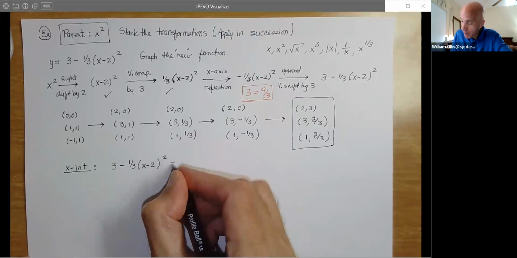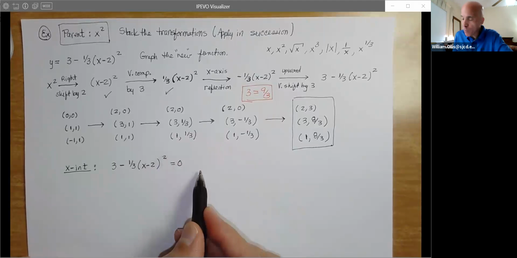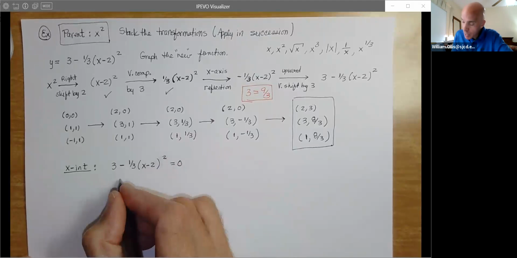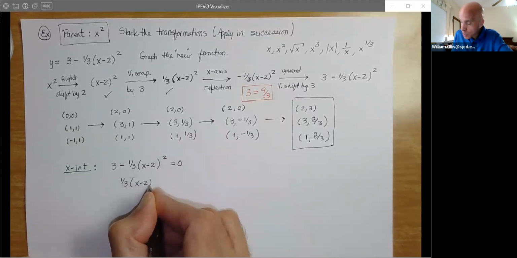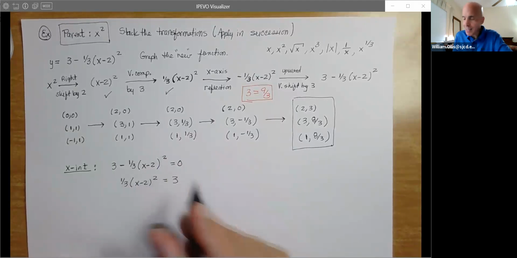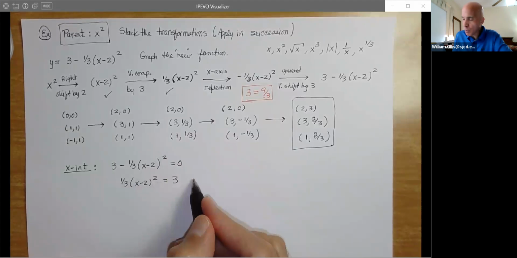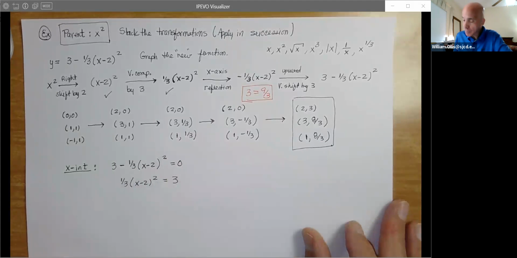So now, of course, we can take this term over and then flip everything around. So we get 1/3 x minus 2 quantity squared equals 3. I always like to have the x's on the left, but you can put them over here. But I took this over and then did the mirror image of it.